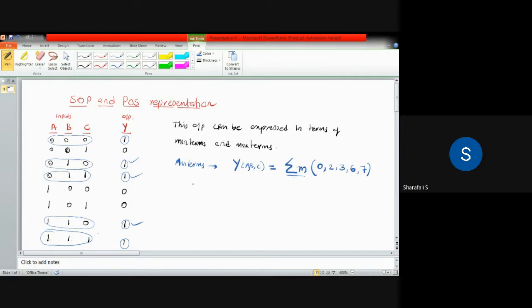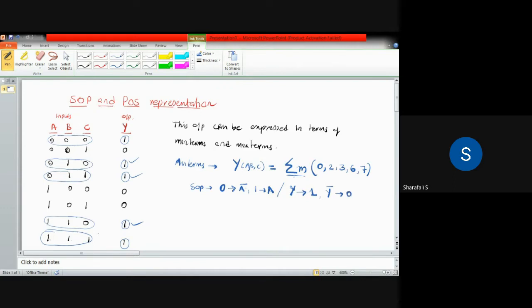So in SOP form, as you know, SOP means your 0 will be represented as A bar and 1 will be represented as A. So this is the same concept with the output Y also. So if you want to get Y, then Y will be represented in terms of 1, and Y bar will be 0.